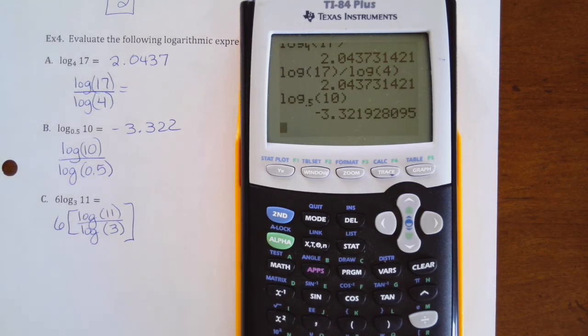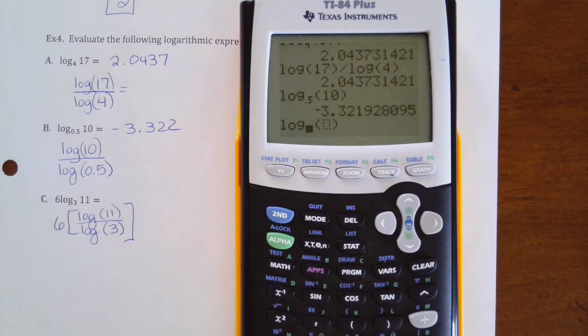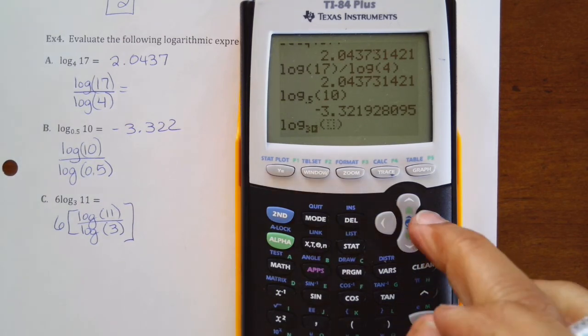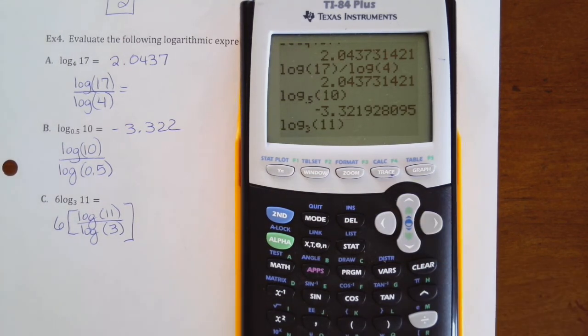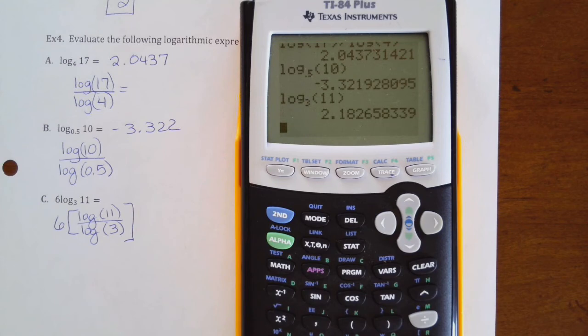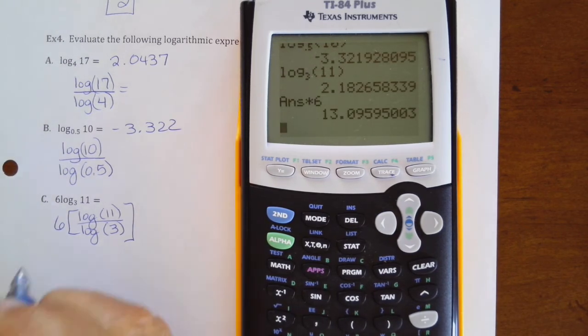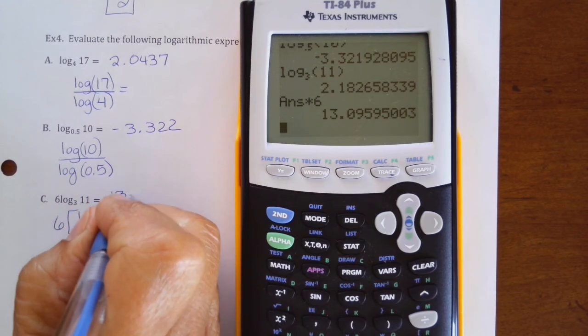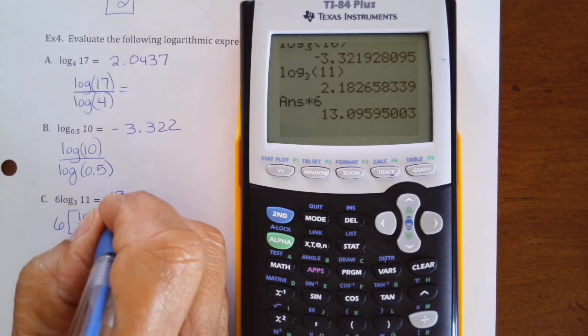And the last one I would do 6. Well, actually on the last one I would just put in the log base 3 of 11 just to be on the safe side. So I would do log base 3 of 11, and I would get that answer, and then I would multiply that by 6. I just like to do fewer things at one time. Makes me feel better about that. So 9.6.